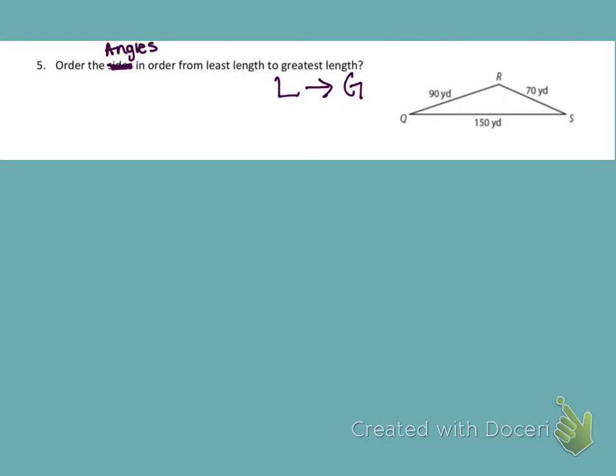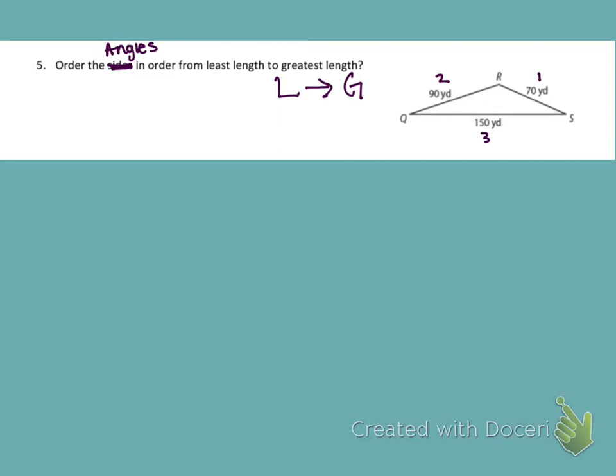So least to greatest, then I go and look at my side lengths and I number them. What is my smallest side length? And that is 70 yards. And then my next smallest is 90 yards, and then my next smallest is 150. Okay, so this is where we draw our arrows, and the angle straight across from the smallest side length is your smallest angle.